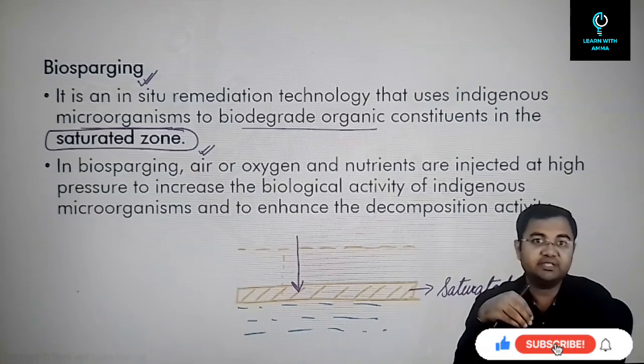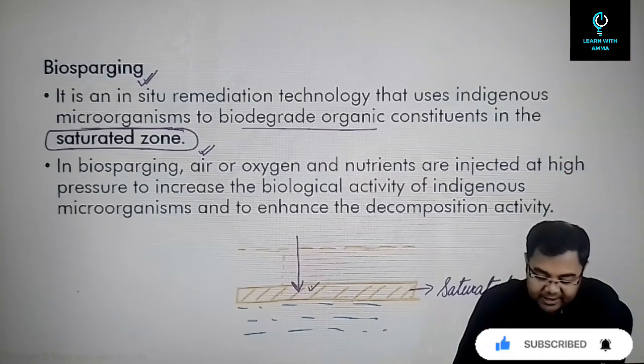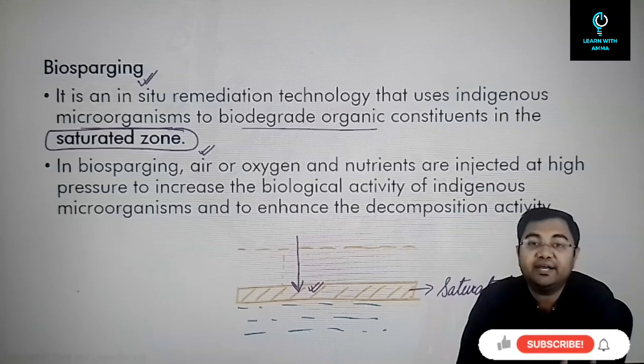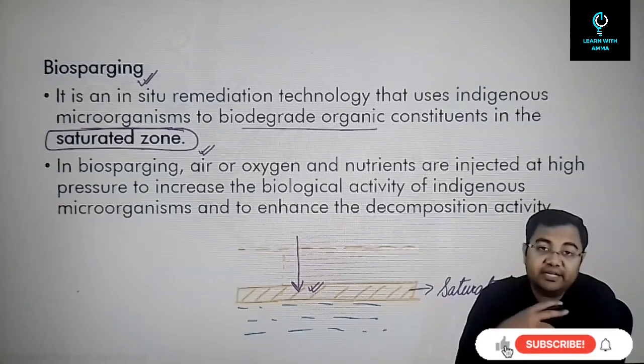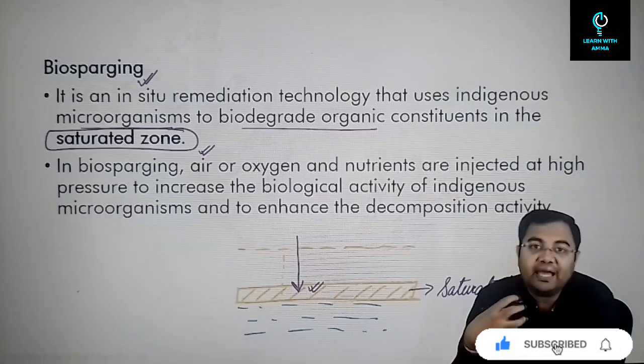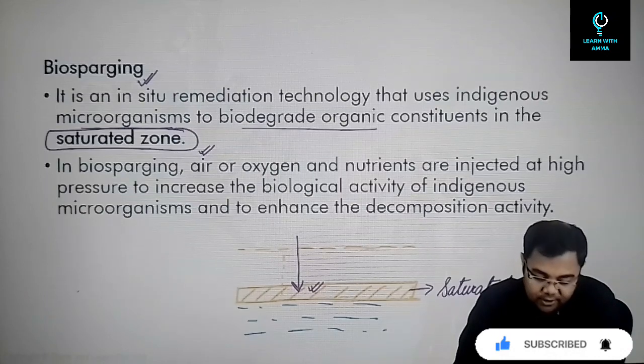As soon as the oxygen and nutrients reach this level, the microorganisms which reside in this saturated zone will be activated, because they now have a higher amount of nutrients and oxygen. So they will be able to work faster. In this manner we are able to carry out the bioremediation technique in the saturated zone, and this is called biosparging.